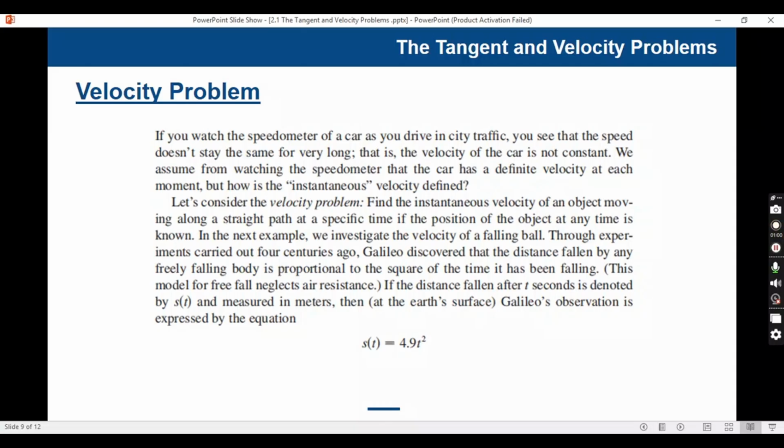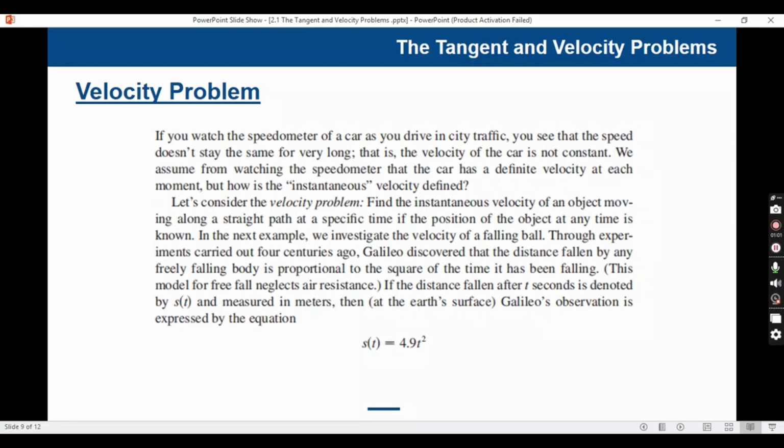In the next example, we investigate the velocity of a falling ball through experiments carried out four centuries ago. Galileo discovered that the distance fallen by any freely falling body is proportional to the square of the time it has been falling.